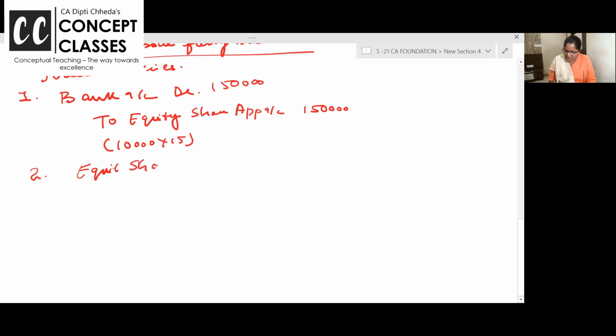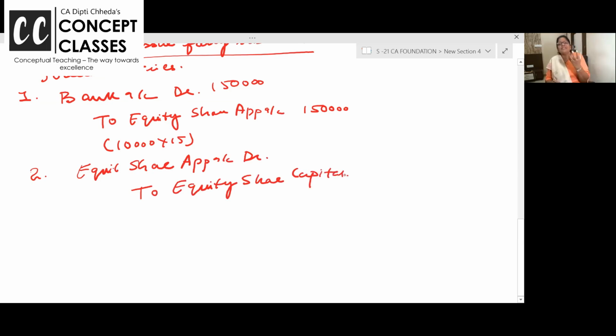So equity share application account debit to equity share capital. Are you all writing with me? Application is just an account which is going to be closed. So now 1,50,000, have I got the capital? Yes.